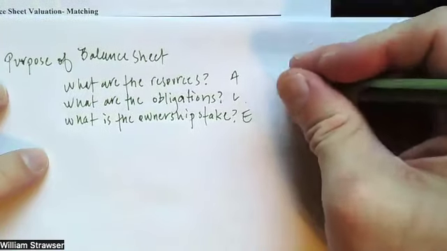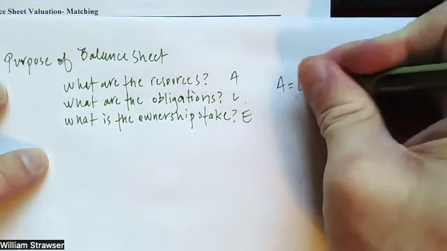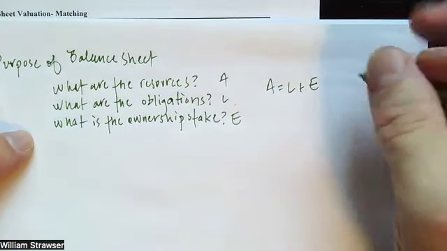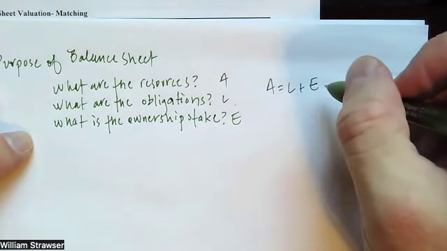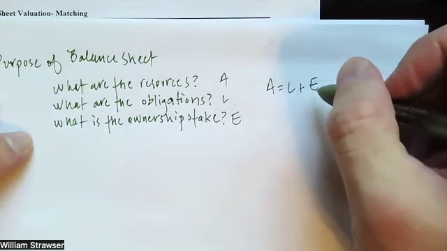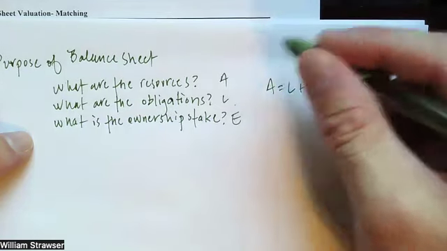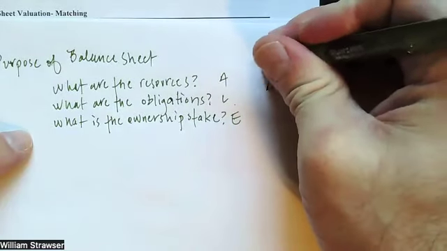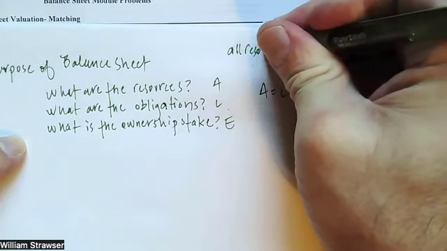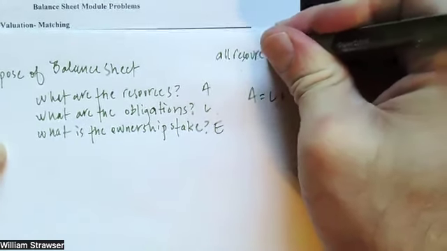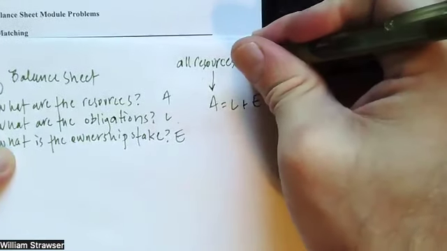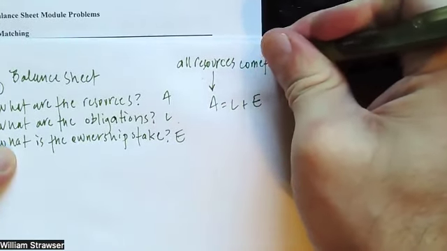And so this, of course, translates to A equals L plus E. And, when you're really thinking of this, it's a very simple equation, and it really expresses a simple truth of the business, that all resources, all A, come from two sources.